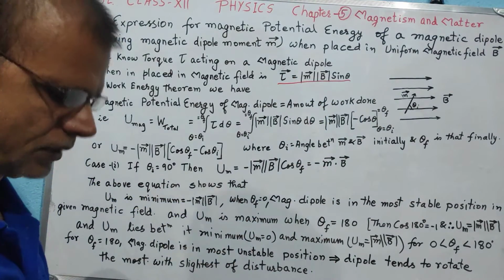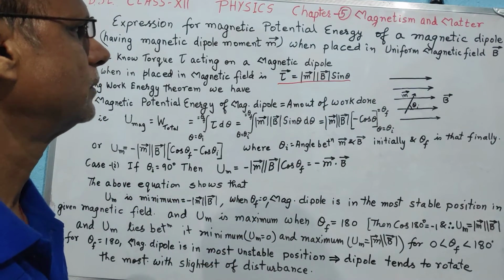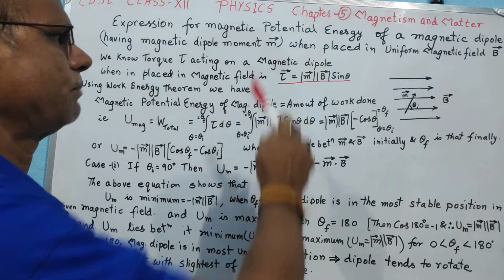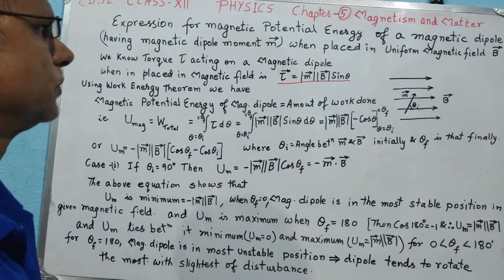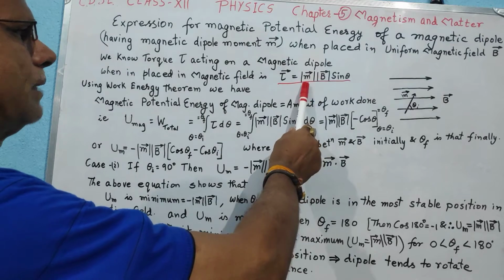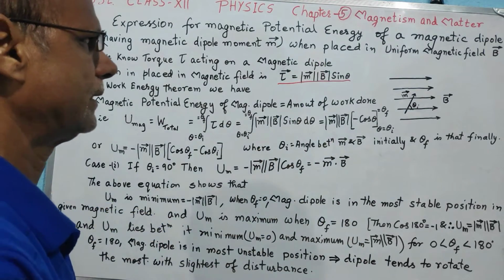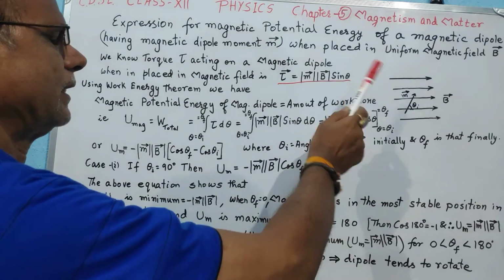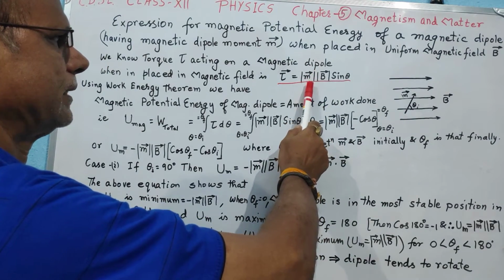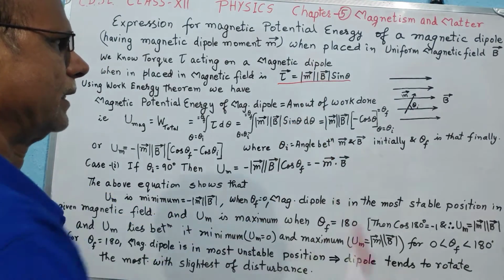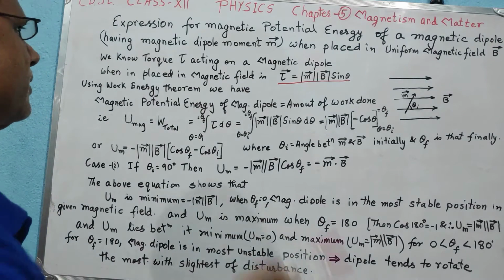Here tau is the torque acting on the magnetic dipole, m is the magnetic dipole moment of the magnetic dipole, B is the magnetic field in which the dipole is placed, and theta is the angle between magnetic dipole moment m and magnetic field B.